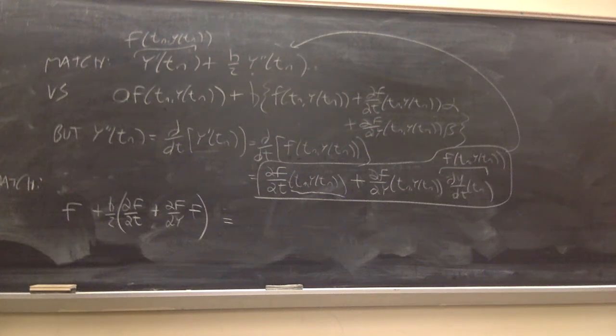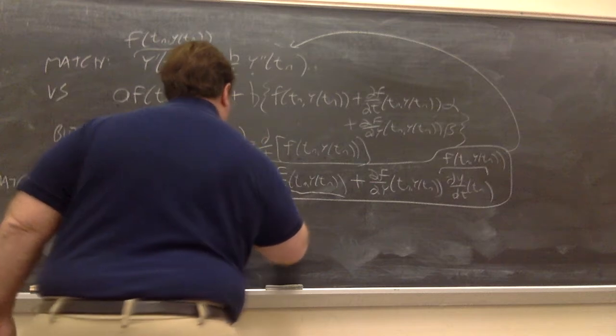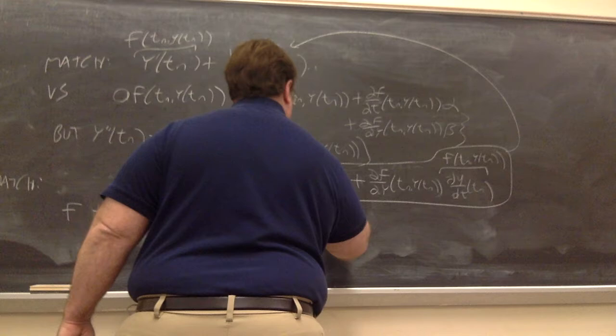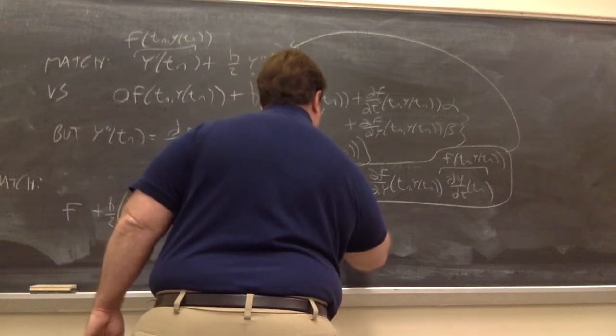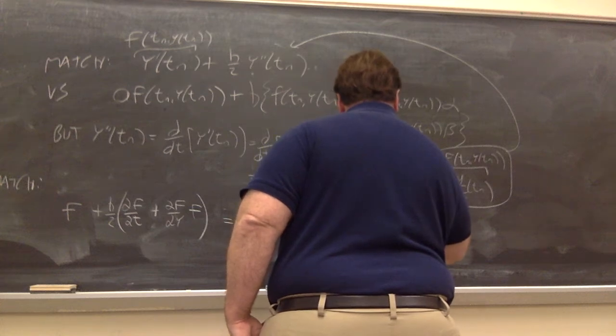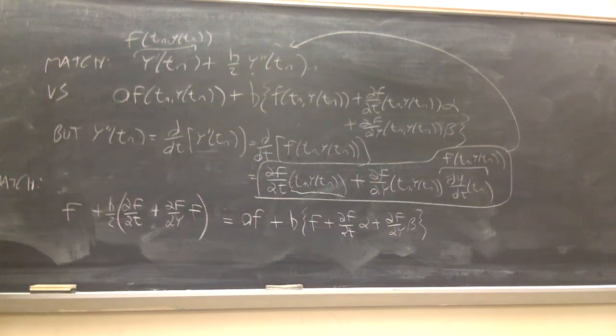Second expression, I have a times f plus b times f plus partial of f with respect to t alpha plus partial of f with respect to y beta. Okay. So the expression AF is unfortunate, but it happens.